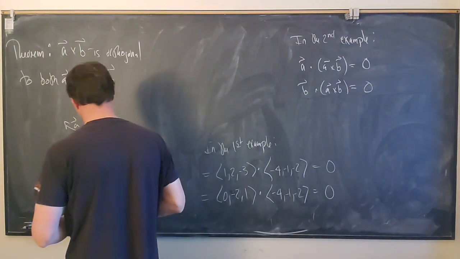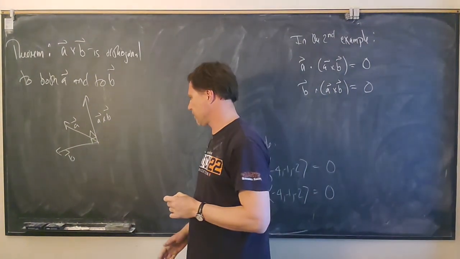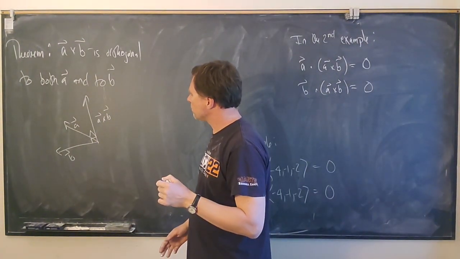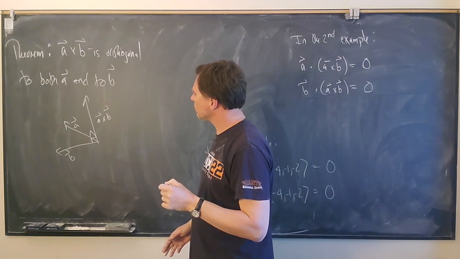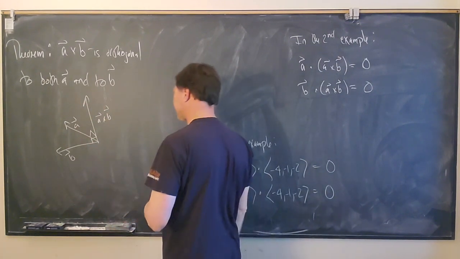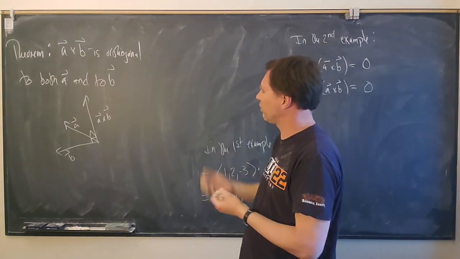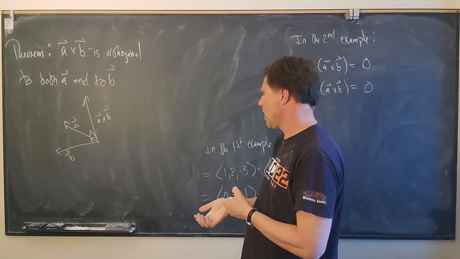The first thing, if you notice how I drew A cross B, I had to draw this on a chalkboard, so I have 2 dimensions, but I really wanted to represent this in 3 dimensions.